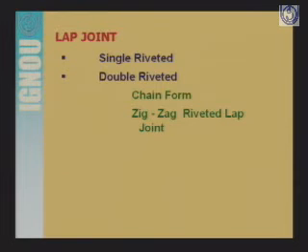In chain form, rivets are provided in a single line, and in zigzag, as is clear from its name, these are provided in zigzag fashion in the connection. So these are the types of the lap joint, single riveted and double riveted.